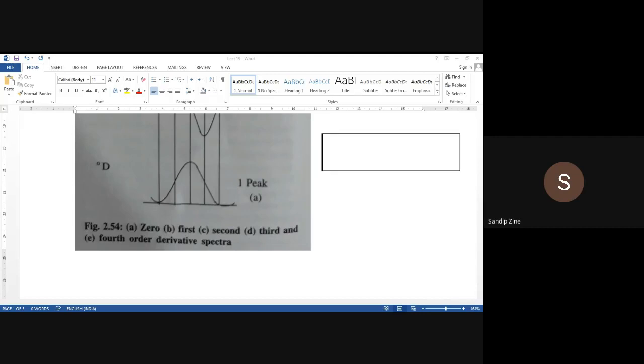Suppose we are taking the first derivative of absorbance, isn't it? How will we obtain the first derivative? Suppose I am writing one point over here.